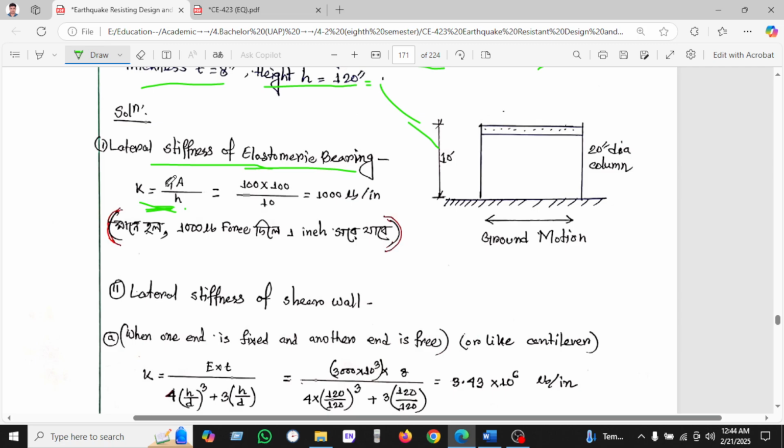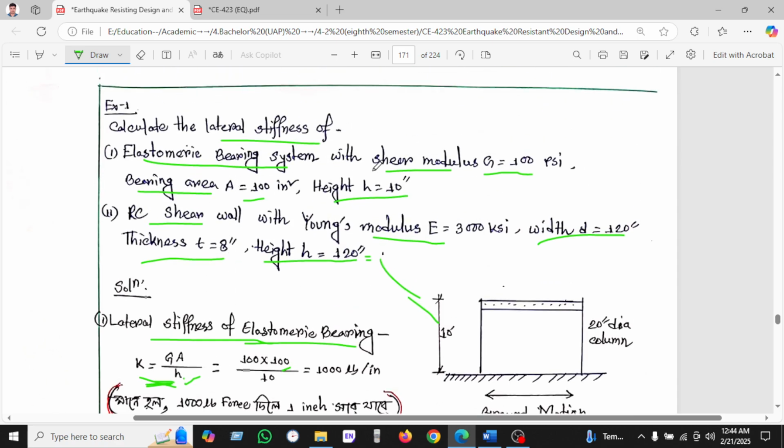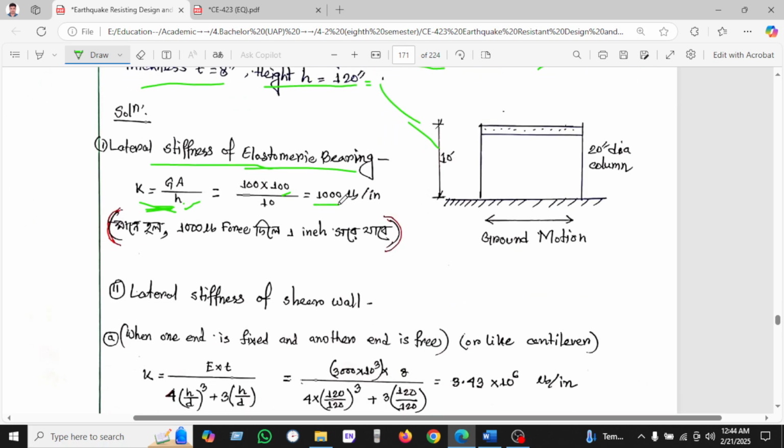At first we calculate the lateral stiffness of the elastomeric bearing, which we know is K equal to G times A over H. G is the modulus of rigidity, A is the area of the elastomeric bearing, and H is the given height of the elastomeric bearing. In this way we found 1000 pound per inch.